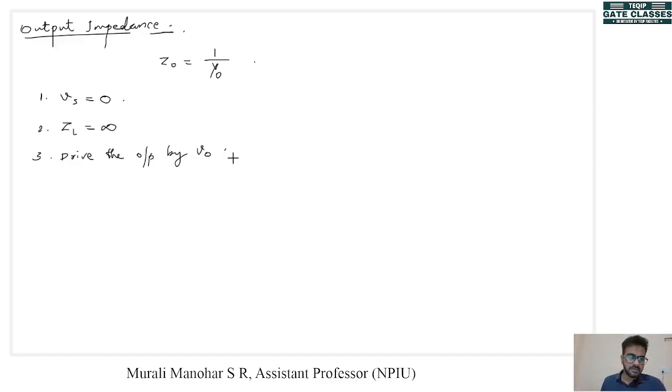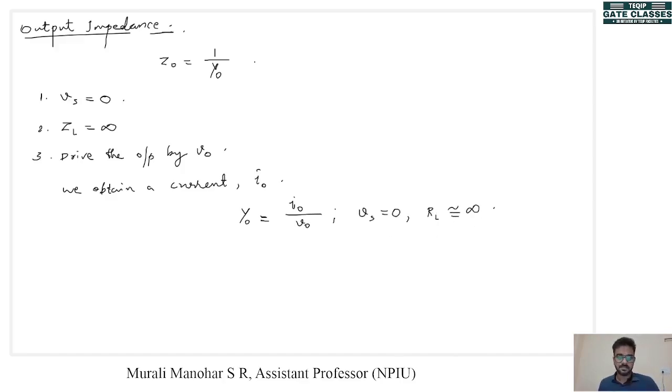So when we drive the output by V out, let's say we obtain a current which is equal to IO. Then YO, that is the output admittance, can be written as IO divided by VO, and the conditions are Vs is equal to 0 and RL or ZL is equal to infinity.